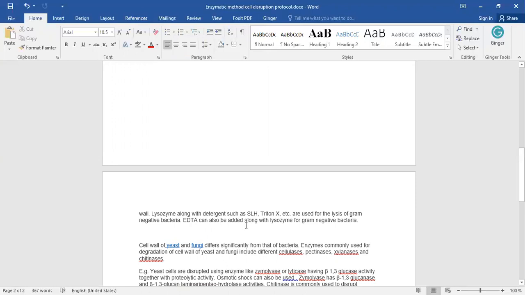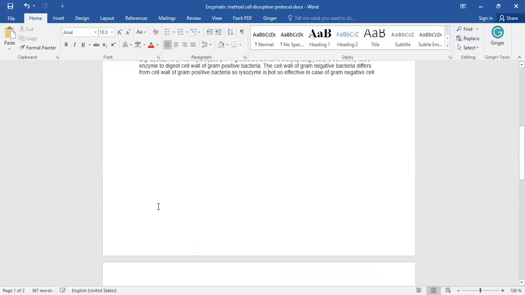EDTA can also be used along with lysozyme for the disruption of the gram-negative bacterial cell wall.